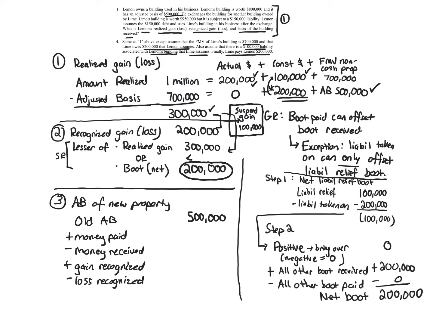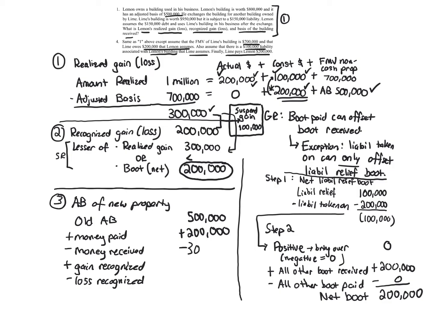Plus money paid. We go to our adjusted basis line, and there's $200,000 of constructive money paid, so we add in $200,000. We subtract away any money received. We've got actual money received and constructive money received. We have both: $200,000 actual plus $100,000 constructive.